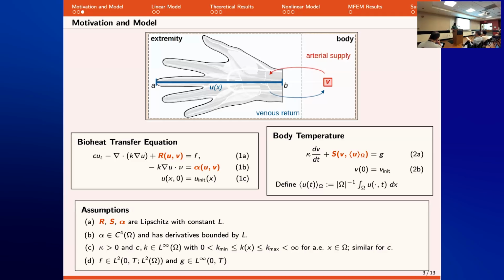So the model is sufficiently complicated to capture the phenomena that we want to see. And the assumptions that we place on this model are relatively reasonable. We'd like the terms that are going to be involved to be Lipschitz. The boundary condition, because it's nonlinear, we do have to place pretty strict requirements on that, although, again, for a Robin boundary condition, this will work just fine. And then we have some standard assumptions on the physical parameters and the source terms as well.